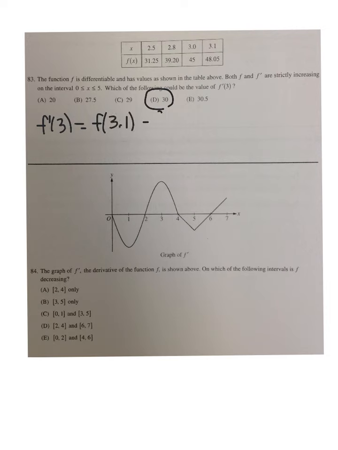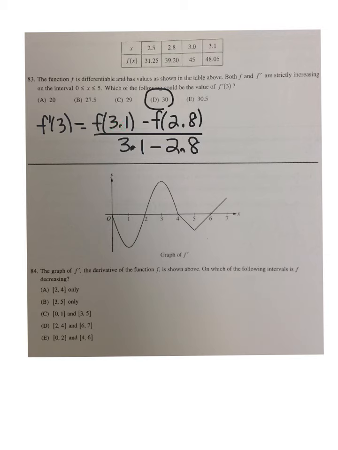And then I'm going to pick the value lower than 3 in the chart, which would be 2.8. And then that would be over 3.1 minus 2.8.